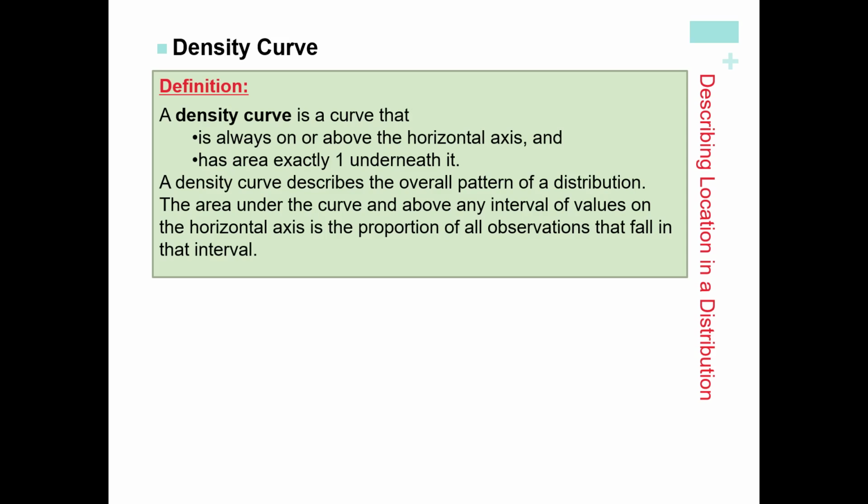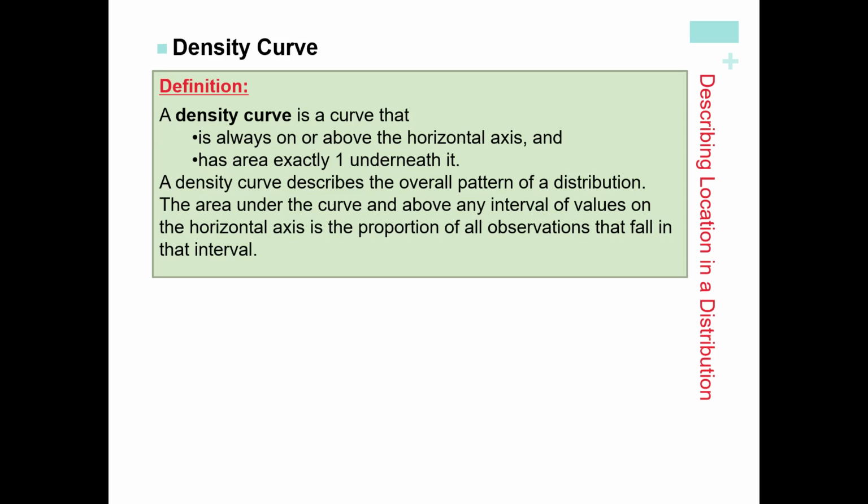A density curve is a curve that's always on or above the horizontal axis, and it has area exactly 1 underneath it. If you've ever heard the idea that all the probabilities of a possible situation add up to 1, then you will sort of understand why the area under the density curve has to be exactly 1.